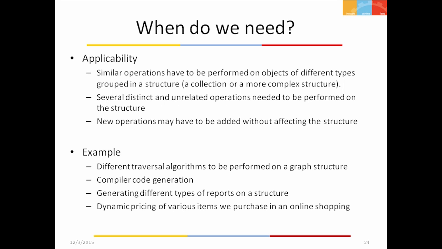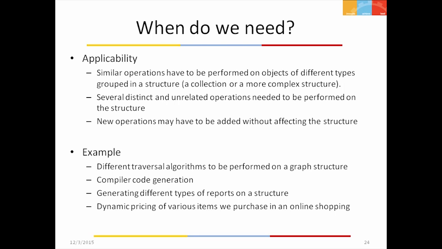An example is a complex graph structure on which different graph traversal algorithms need to be implemented. Compiler: the compiler needs to generate the machine code, and for that the compiler uses this visitor pattern. Generate different types of reports on a given structure.